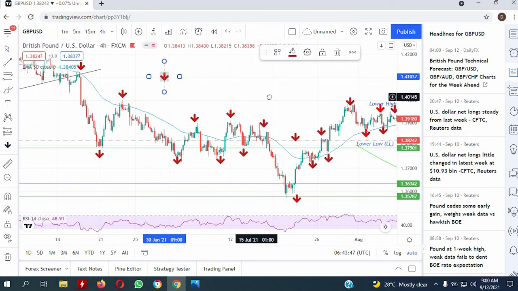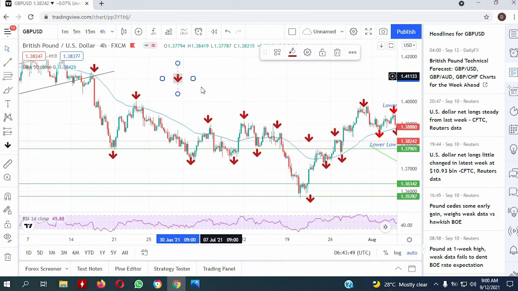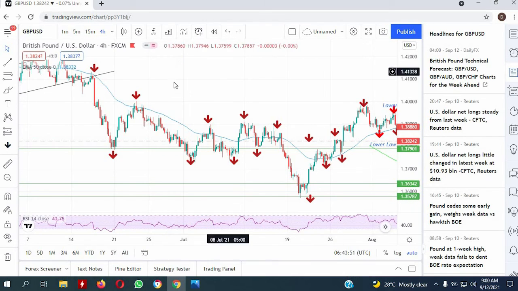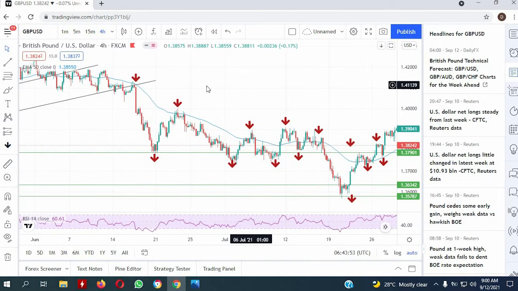So we draw a trend line. Once you can identify higher low, we put in our trend line.